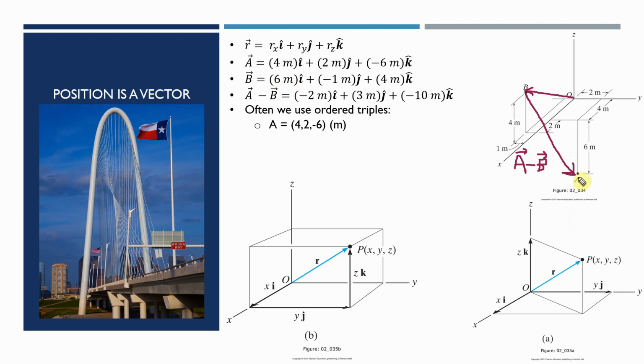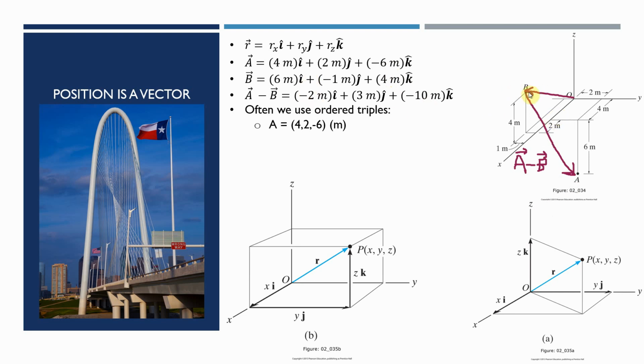So 4 minus 6 is negative 2. 2 minus negative 1 is positive 3. Negative 6 plus 4, oh, excuse me, negative 6 minus 4 is negative 10. If we were to start at point B, how would we get to A? Well, we'd have to go back 2 meters to get to the same x coordinate, so that's negative 2.